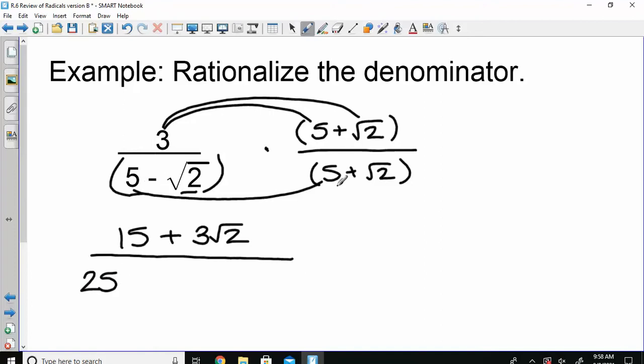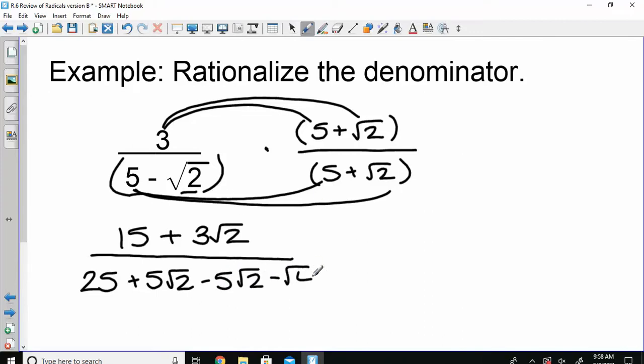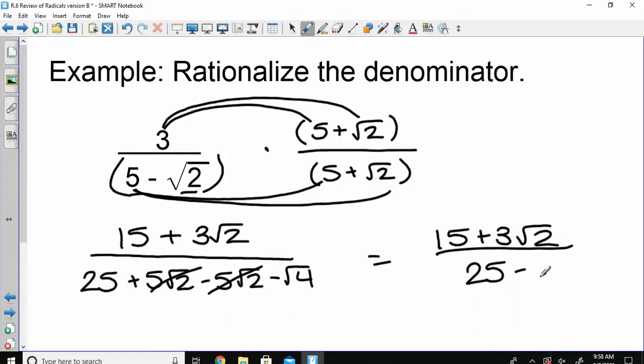You might recognize that the outside and inside are going to drop, but if you didn't, you would have plus 5 radical 2 minus 5 radical 2 minus radical 4. So on the bottom I get 25 minus the square root of 4, which is 2, so 23.